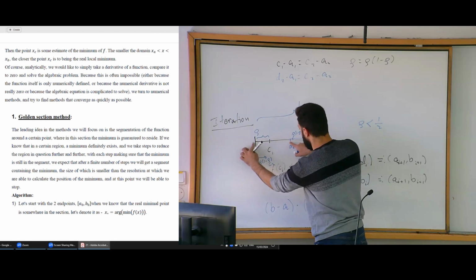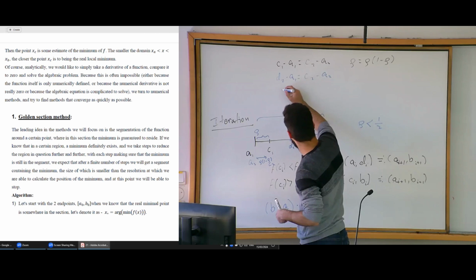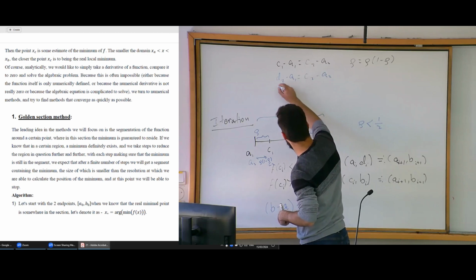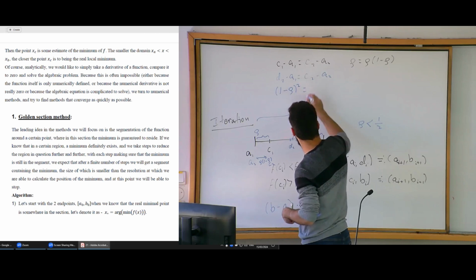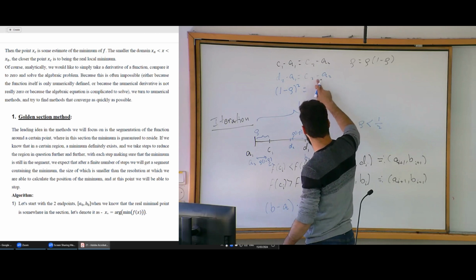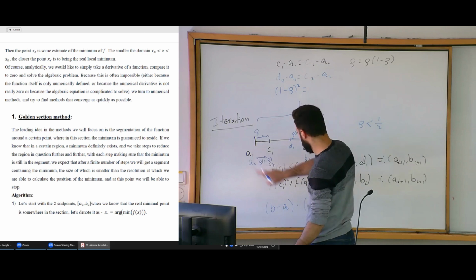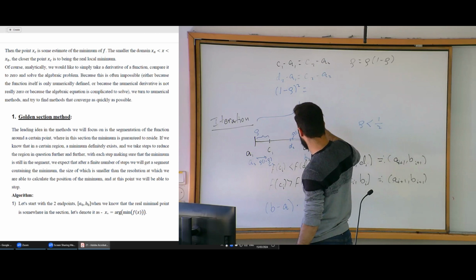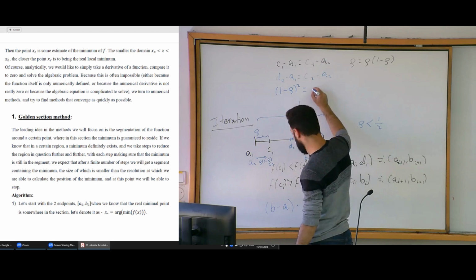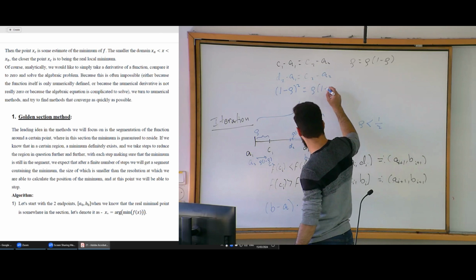So this is 1 minus rho squared. Okay? So that is 1 minus rho squared equals C2 minus A2, which is rho multiplied by 1 minus rho.